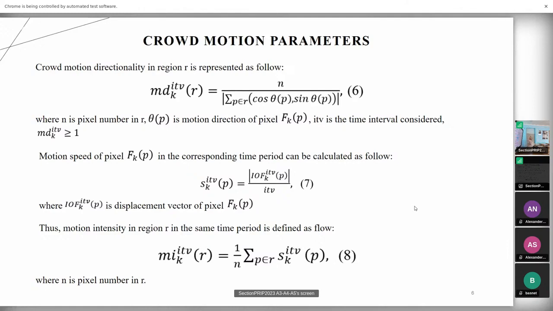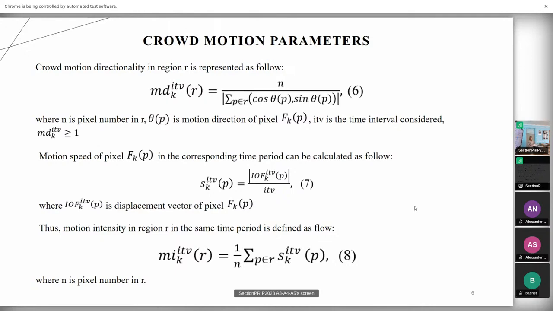So, crowd directionality in the region can be represented as the number of pixels going to this region divided by the sum of the vectors of moving directions. Also, the value represented by formula 6 is the crowd motion symmetry, and the closer this value is to 1, the more symmetrically the crowd moves.